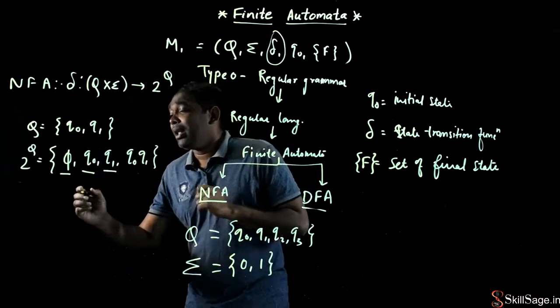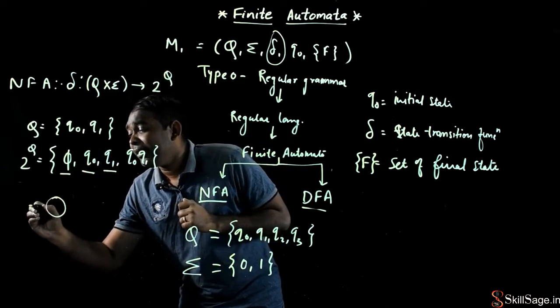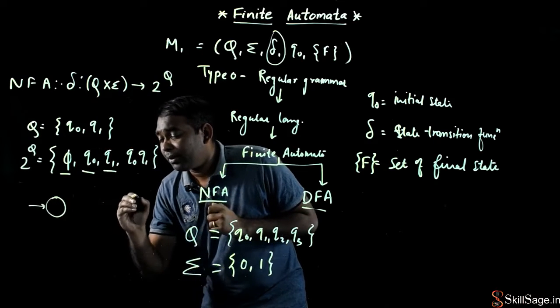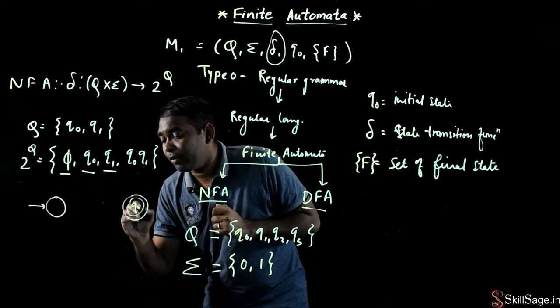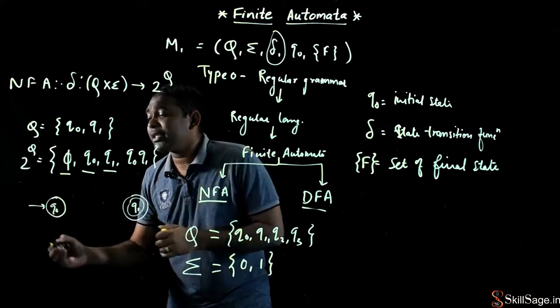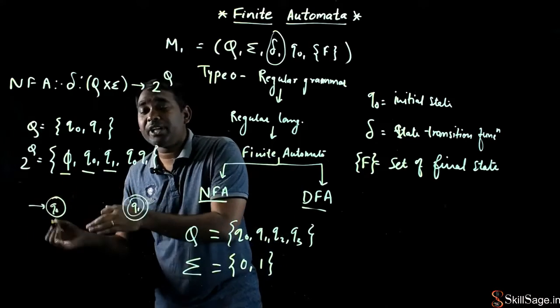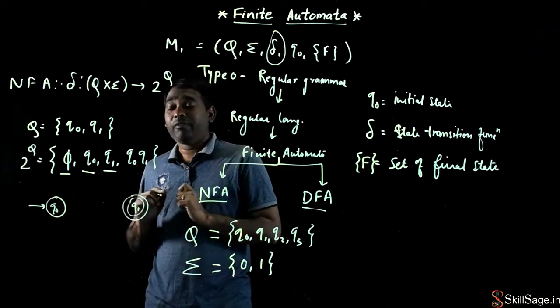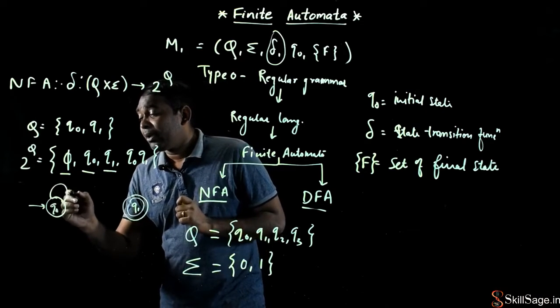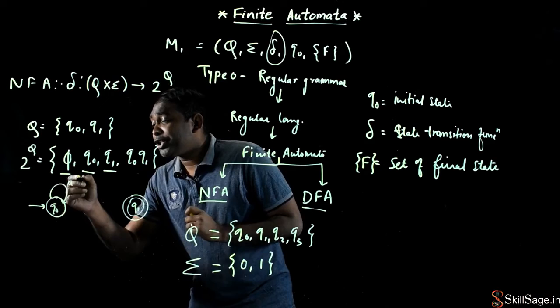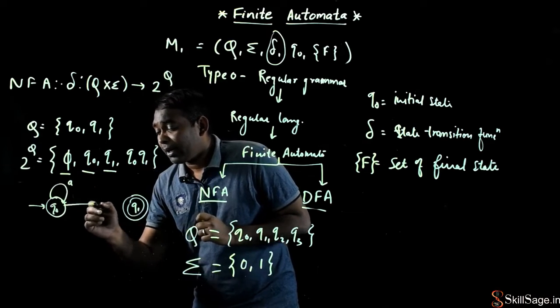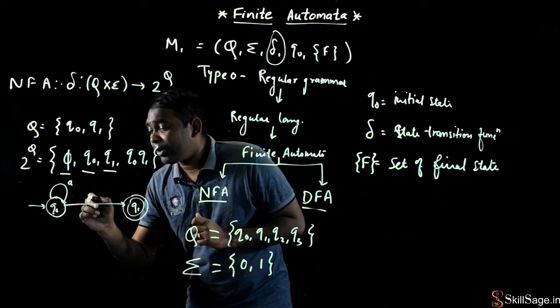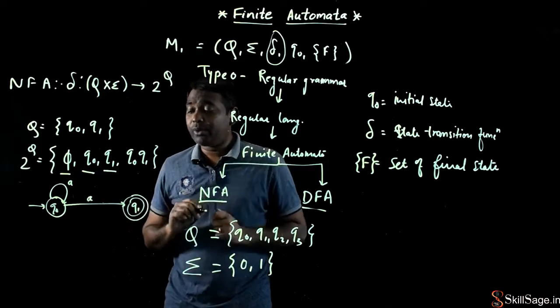For example, I'll take one example here. This is my Q0 and this is my Q1, where Q0 is the initial state. This is the standard notation to denote the initial state, and this is the standard notation to denote the final state. Suppose there is a transition on A from Q0 to Q0, and there is one more transition on A from Q0 to Q1.